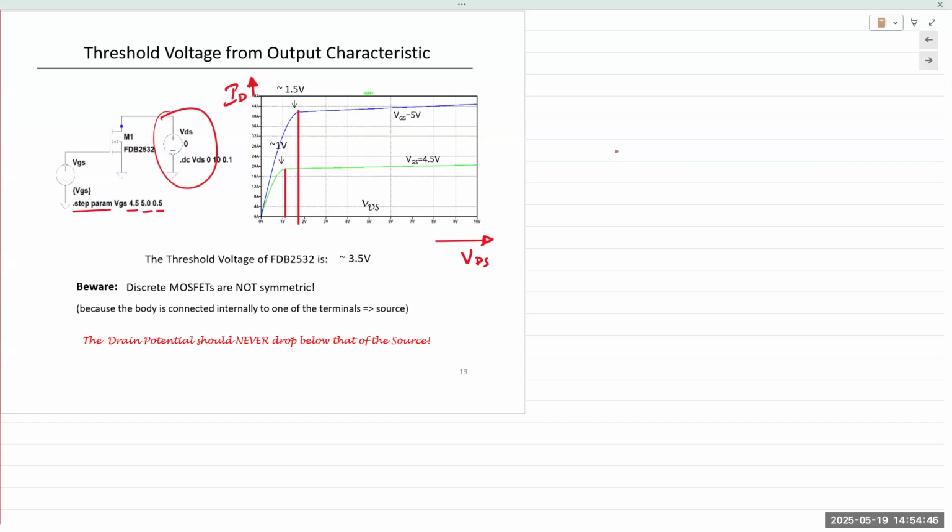But we can say approximately equal to 1 and approximately equal to 1.5. You can see the bend in the curve where the current starts saturating, or becomes like a flat line, constant line.